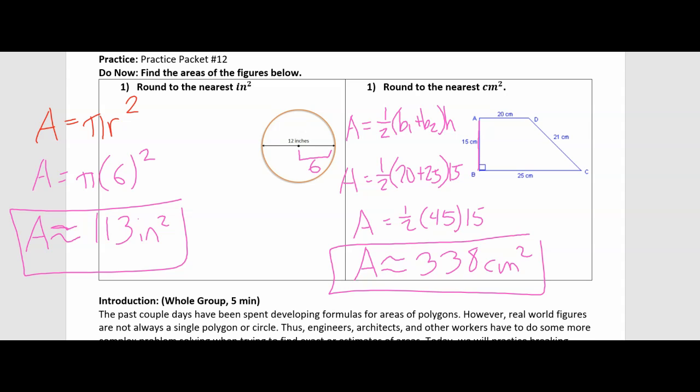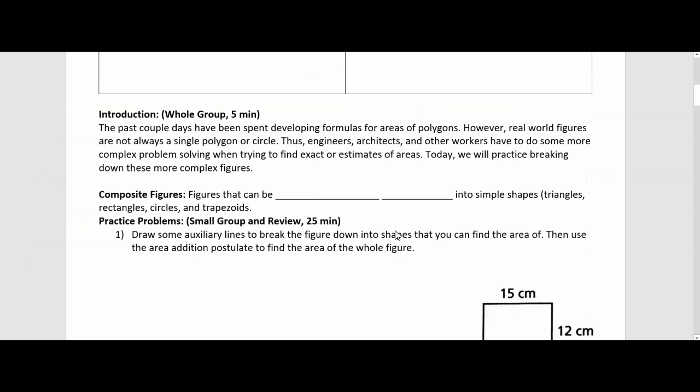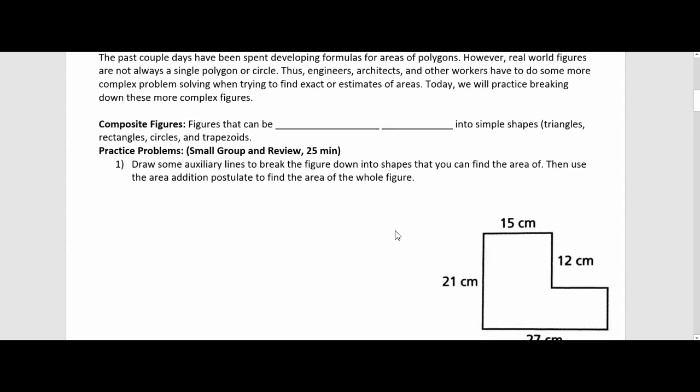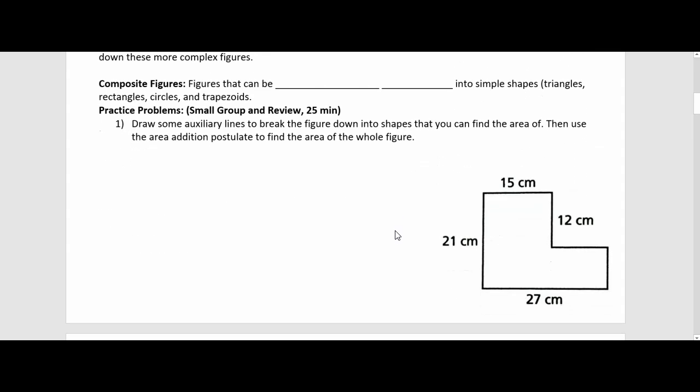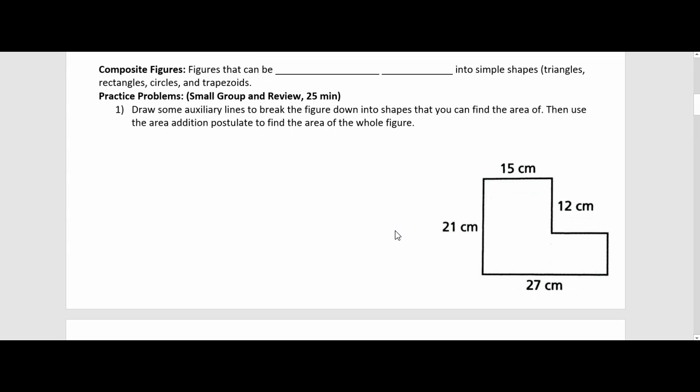Okay, again, just a little intro here. The ones that we're moving on to next are what we call composite figures. These are figures that can be broken down into simple shapes like triangles, rectangles, circles, and trapezoids. But they don't necessarily have a specific name themselves.